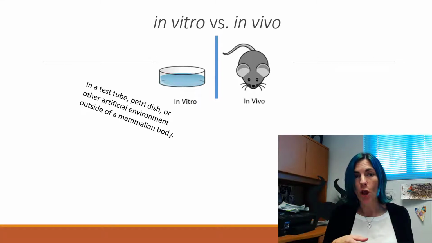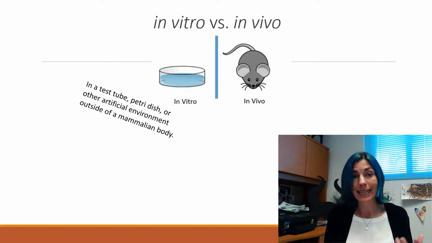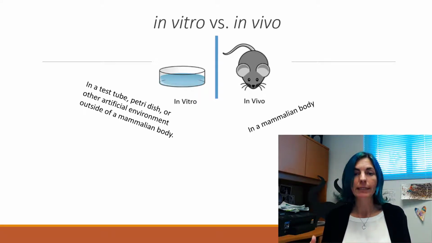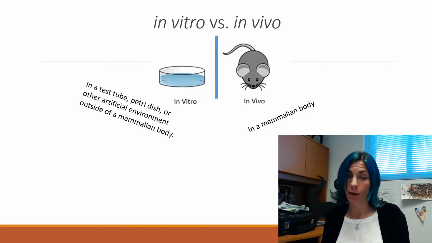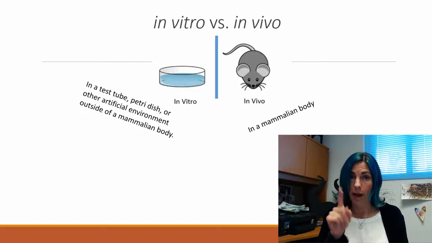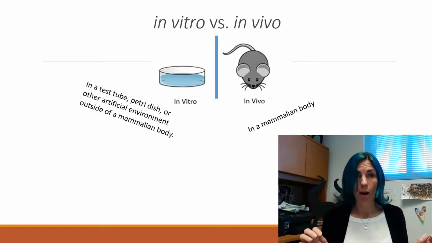So once you show that something might have promise in a test tube or in a petri dish, your next step is to use a mammalian model like mice or rats and try the same kinds of experiments in vivo. And I will tell you that 90% plus or more of drugs that look like they work in vitro never make it to humans, either because they don't work in a mammalian body. You are not a petri dish. You're much more complicated.